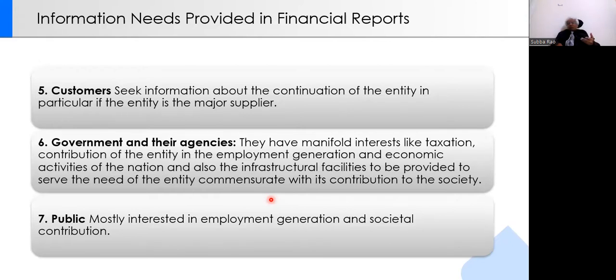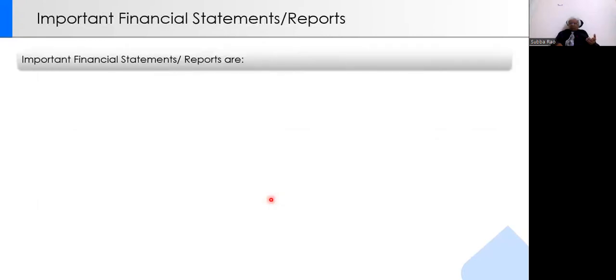I can go on giving you many examples where some companies were not acting in accordance with the needs of the public. There was some chemical effluent. You would have heard about the Bhopal tragedy, chemical. So the public are also interested in what this company is producing. Is it environment friendly? So all these stakeholders want information for particular purposes.